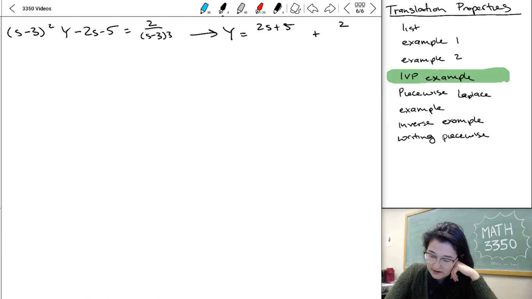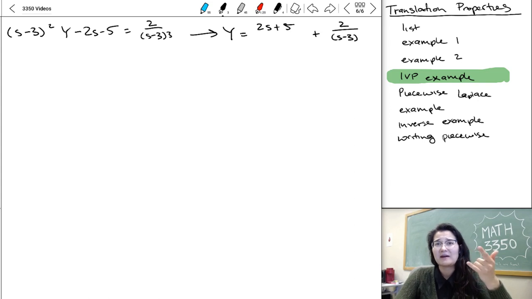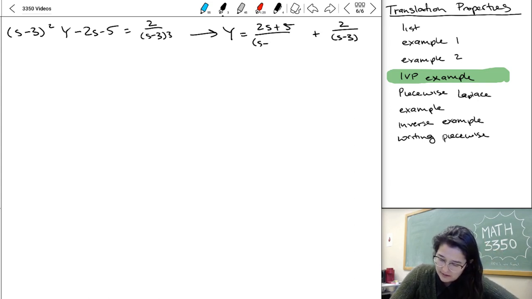And I already had that 2 over s minus 3 cubed. But I divide everything by s minus 3 squared to isolate Y. So that s minus 3 cubed actually becomes an s minus 3 to the 5th power.